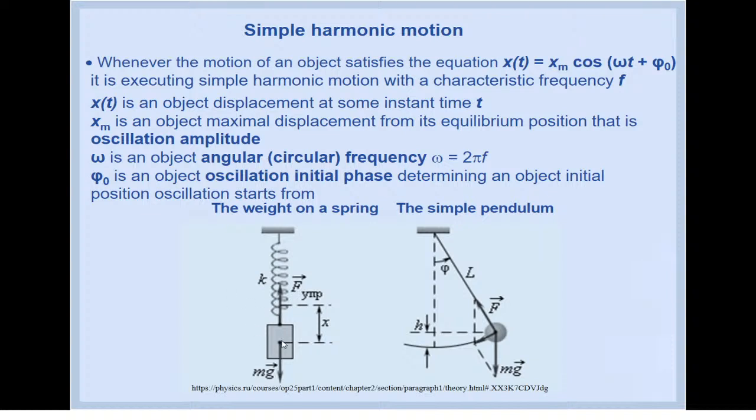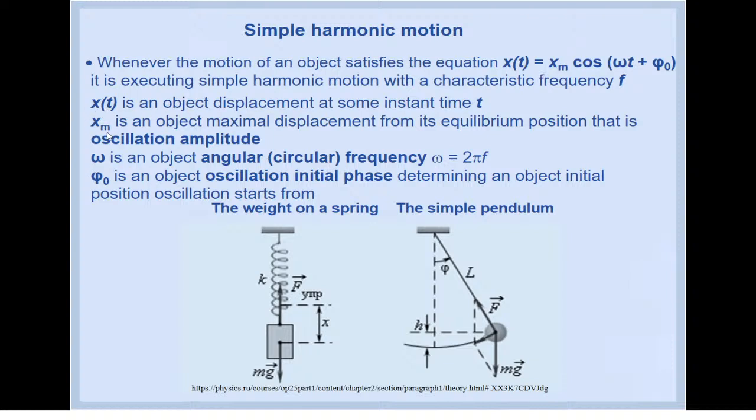But in this particular case, these two vibrating systems are moving along only one axis, the x-axis chosen here. So consequently, only one coordinate of the object under investigation is changing, and the law of this kind of motion is represented by only one function.